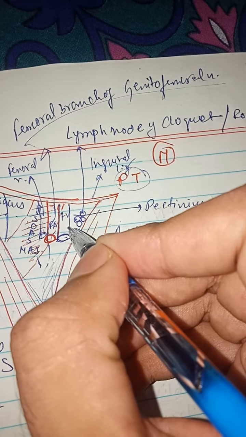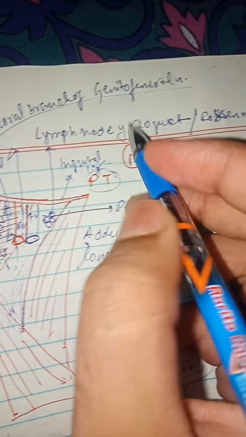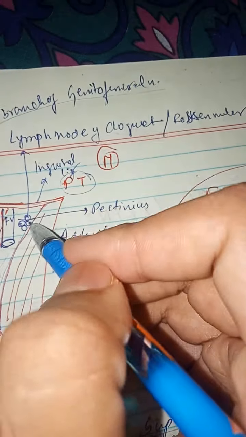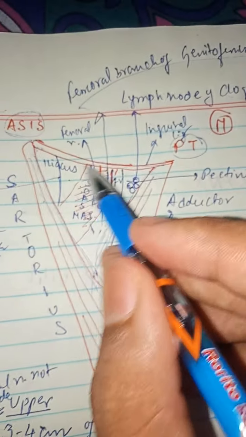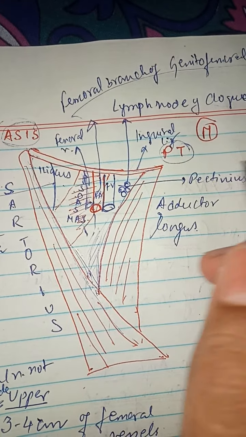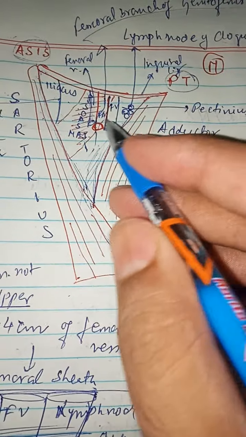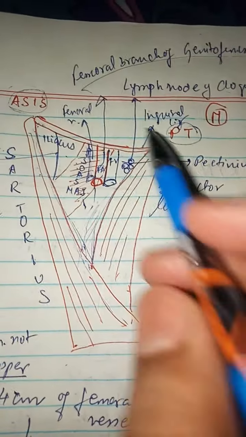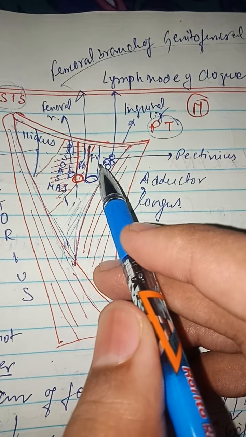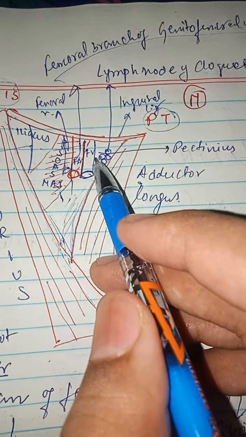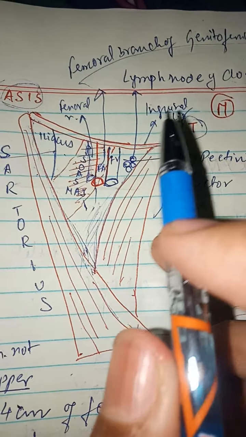There is the femoral vein, and there is the lymph node of Cloquet or Rosenmuller. So this forms the content of the femoral triangle. Femoral artery branches and femoral vein tributaries also form the content of the femoral triangle.